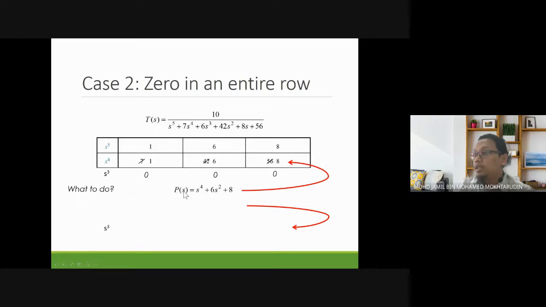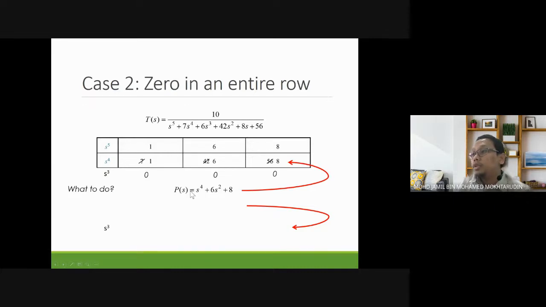In this case, we use row S power of 4 to generate this polynomial. Okay, so we use 1 S power of 4 plus 6 S squared plus 8. Start with S power of 4 and then you reduce by 2.